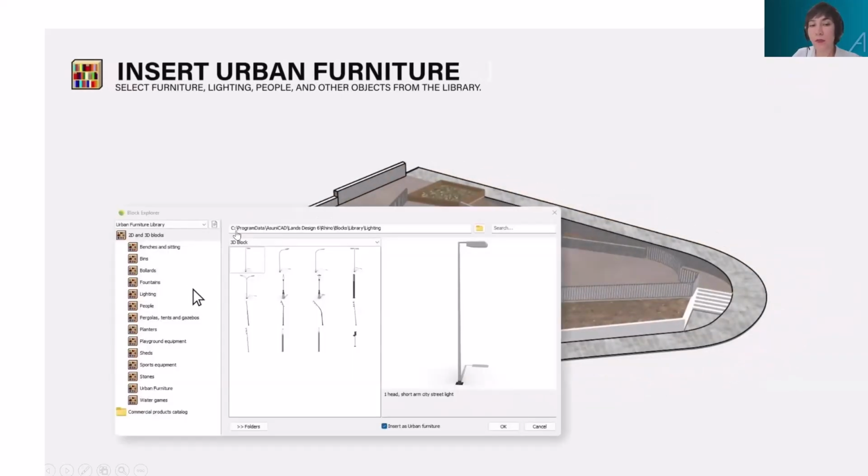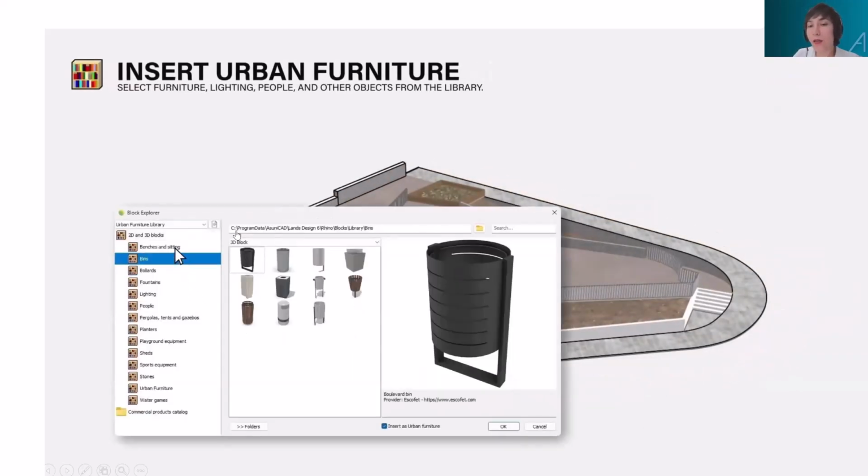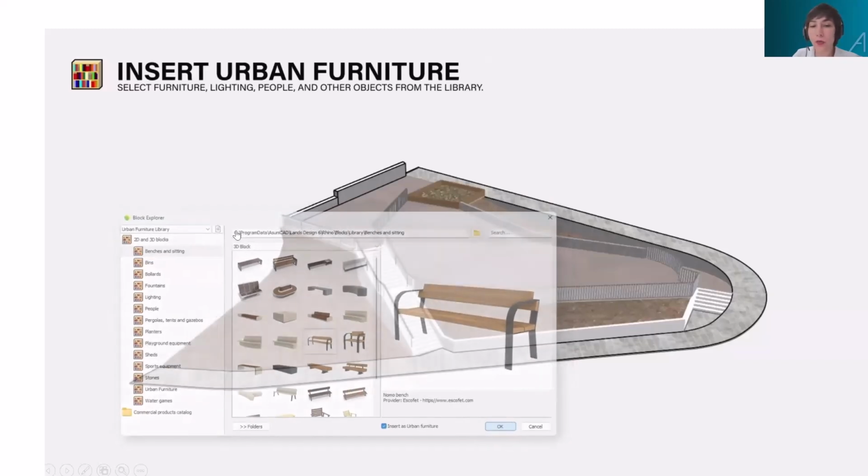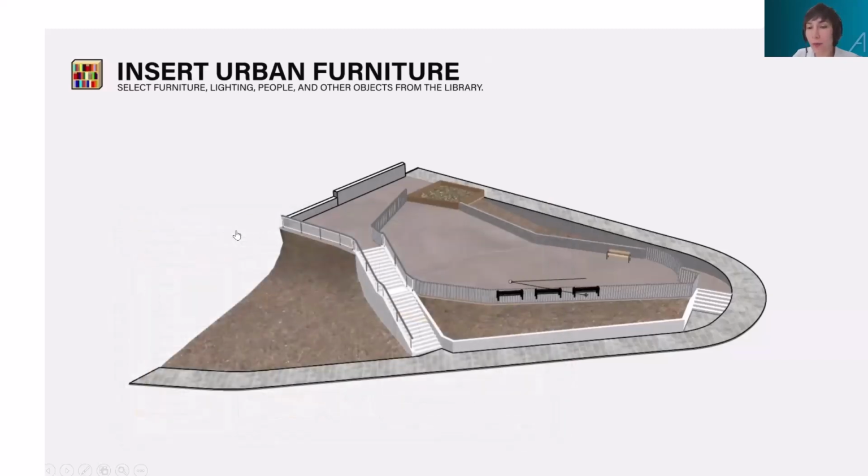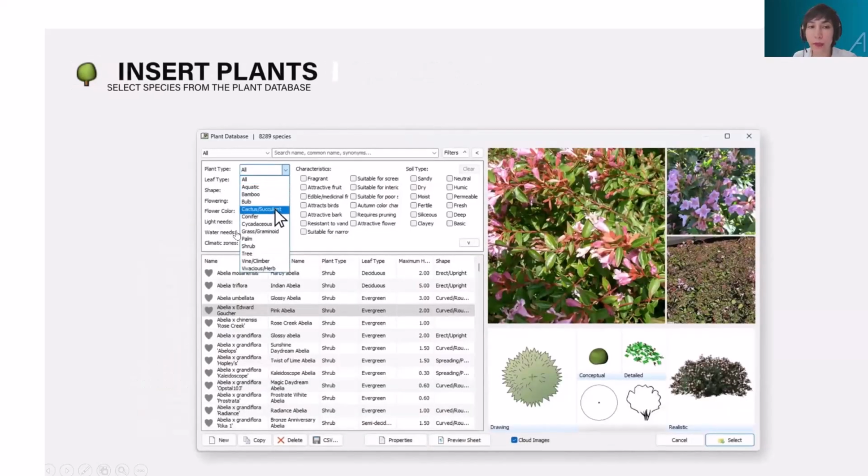After the hardscape stage, we can continue by placing furniture. There's a block library inside the program, but the program is compatible with other formats like SketchUp or other file formats that you prefer and are popular in the market. So we can import those blocks into the model also.